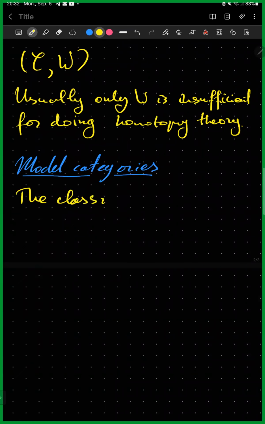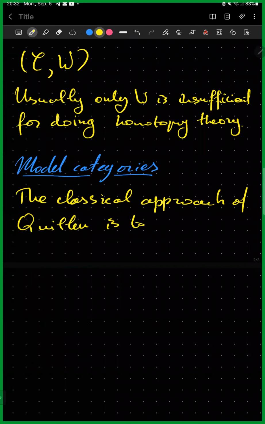So the classical approach of Quillen introduces the notion of model category, which is a category with slightly more information than just a class of weak equivalences.